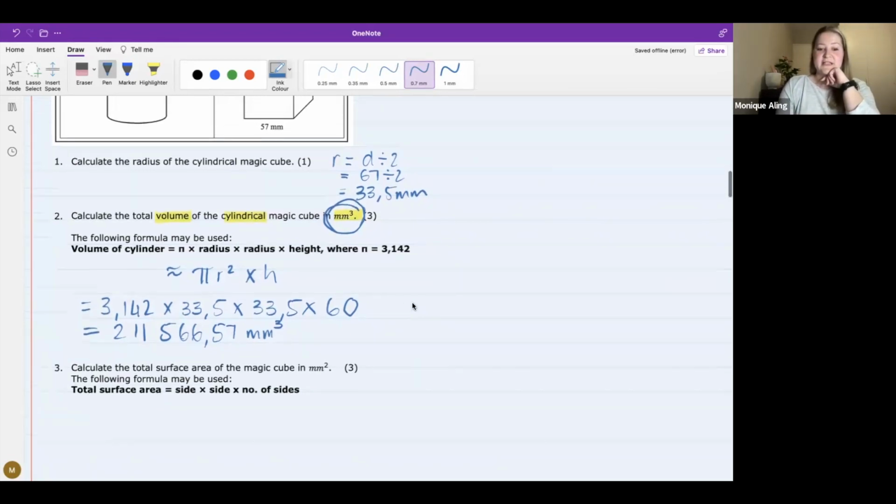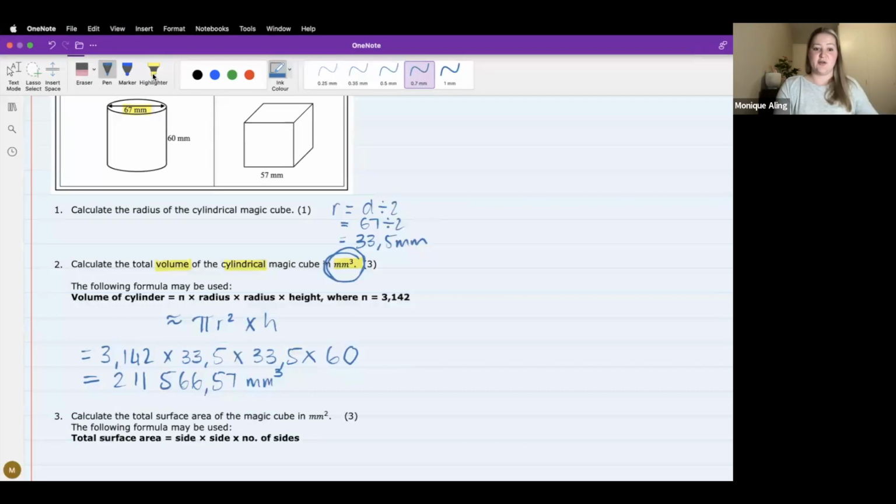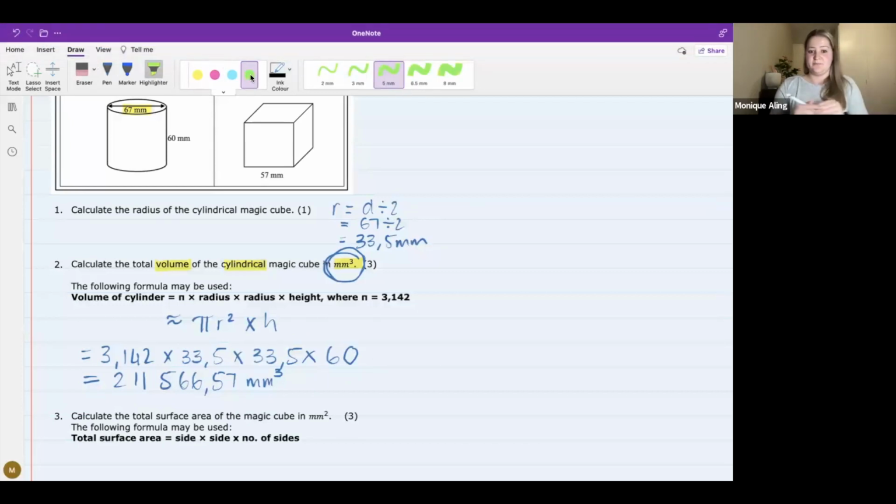So in this instance, you're looking at the magic cube, which is this shape. You're working out the total surface area, its area. So our answer is going to be squared. And they've given you a formula. I'm going to give you guys some time to quickly try and figure out that formula.